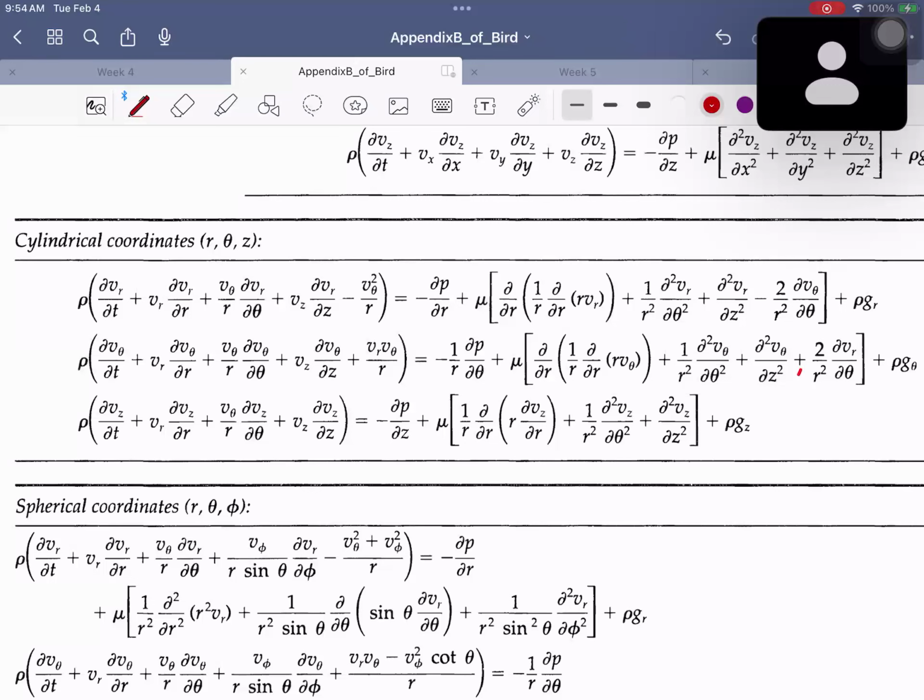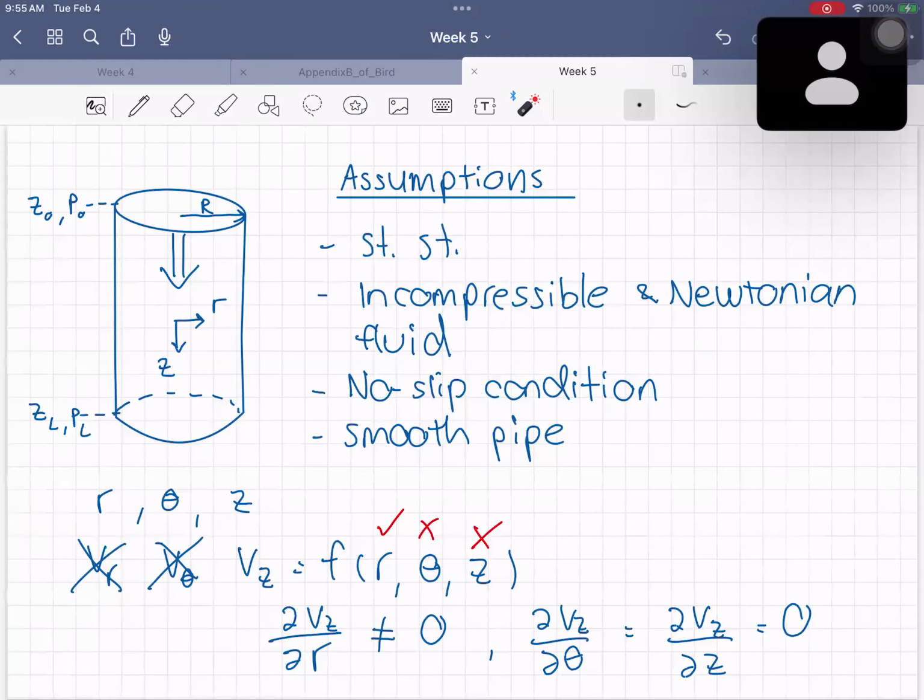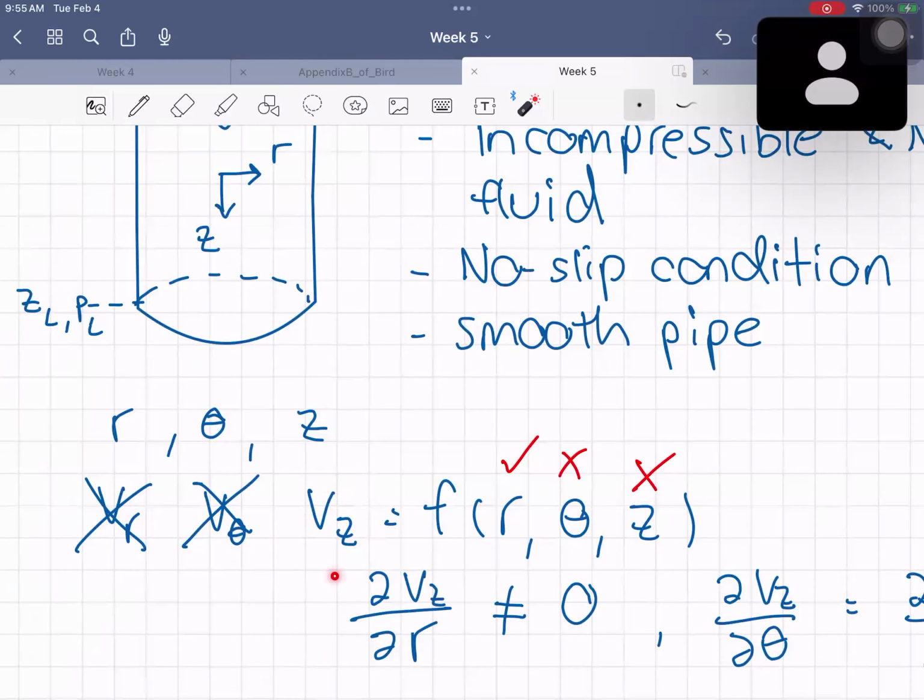All right, I think you're all done. So let's take a look at our direction first. Is this term 0? Yes, why? Steady state, good job. Next one, 0 or not? Yes, because you can see here that we only have Vz.